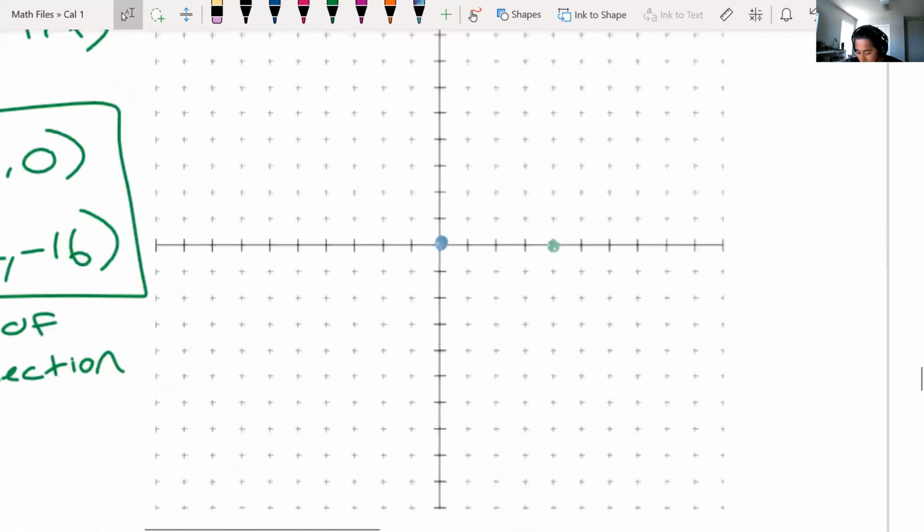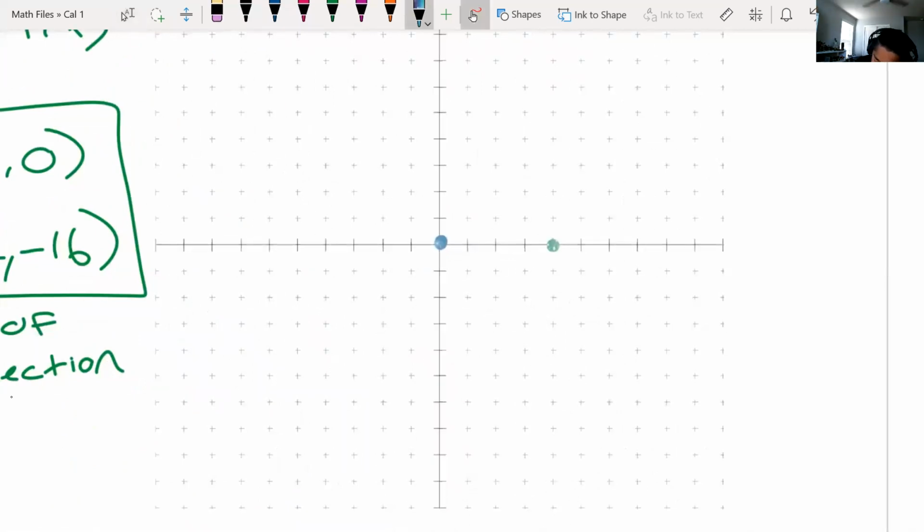That means I'll go by 4s: negative 4, negative 8, negative 12, negative 16, 20, 24, and 28.